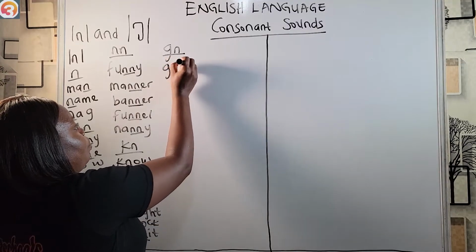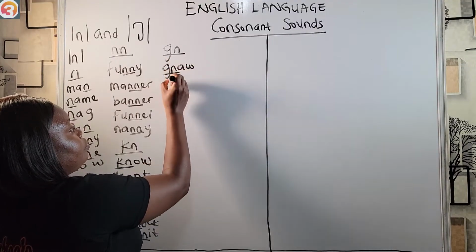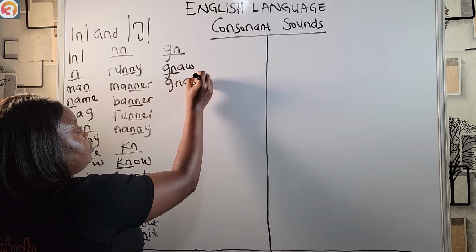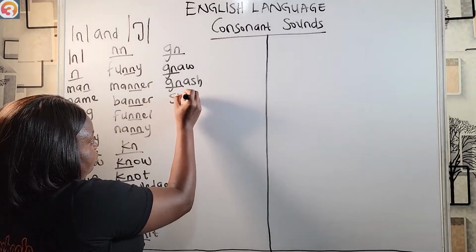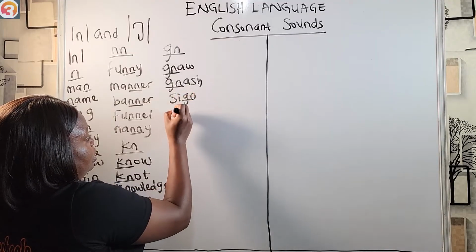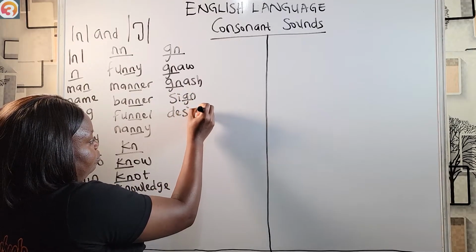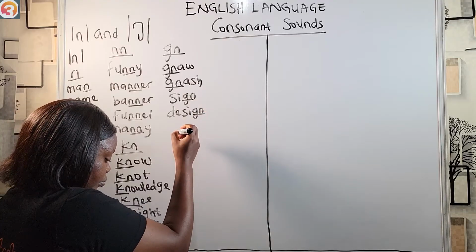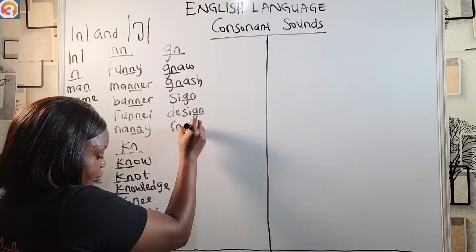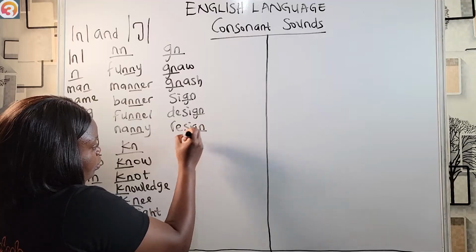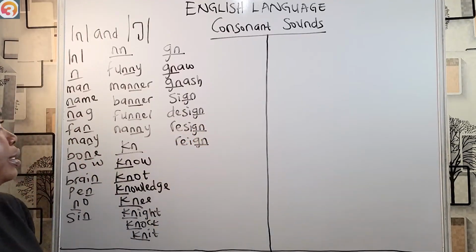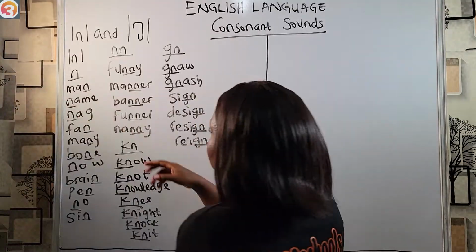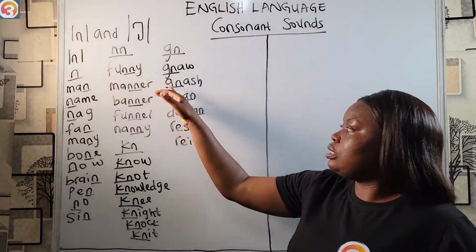Examples: gnash, words like sign, design, resign, rain. These words also contain the N sound because the G is silent.